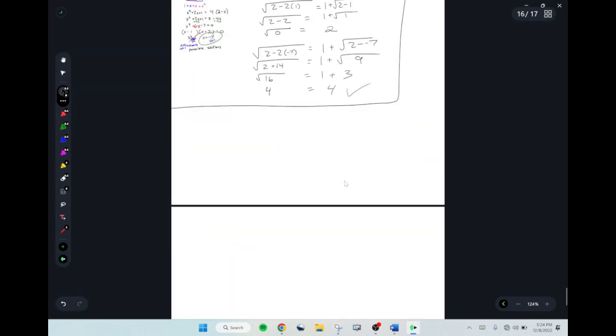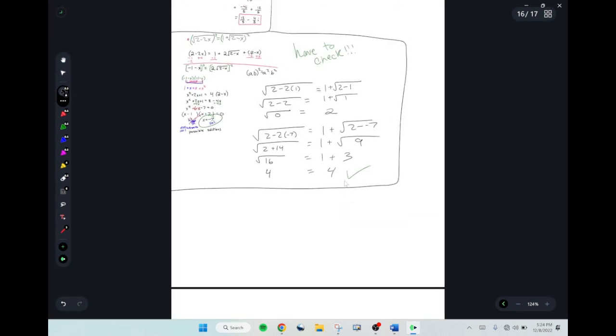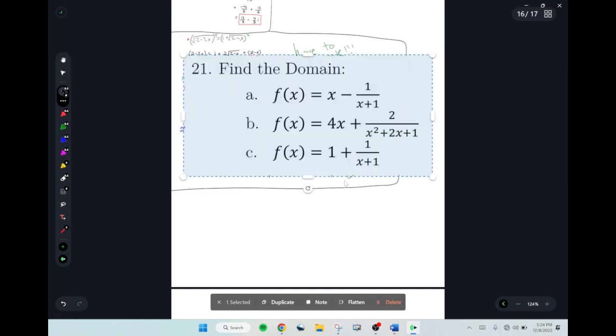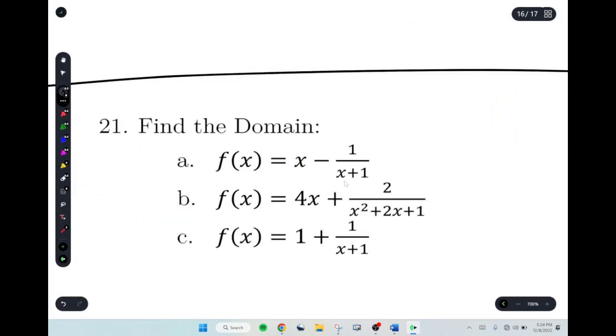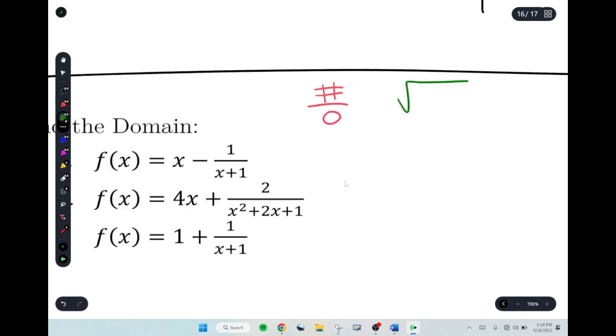There are 3 things that make a domain bad. Before we even try to solve this problem, what are those 3 things that make a domain bad? Zero as the denominator. Okay, and negatives under a square root. Number over 0, red thing. What'd you say, negative? Yeah, negative number, green thing. What about the blue thing?